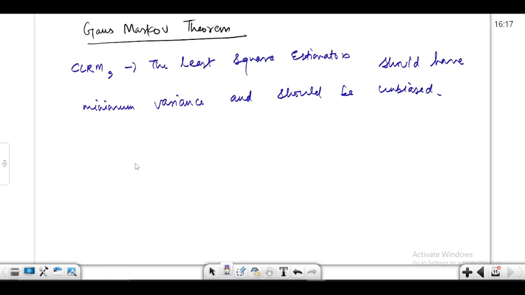Let's talk about what these terms mean, minimum variance and unbiased.